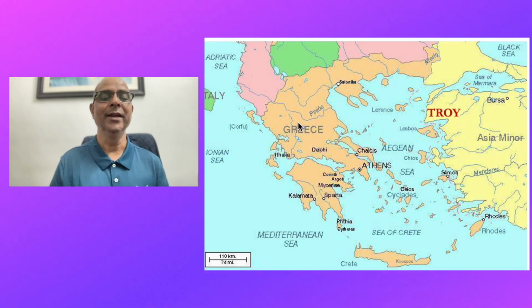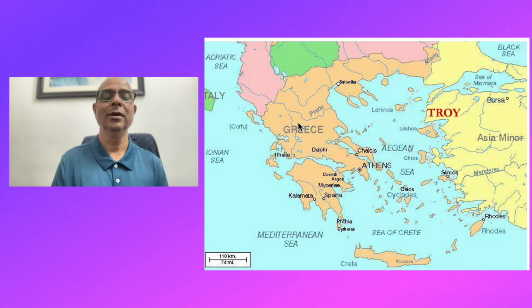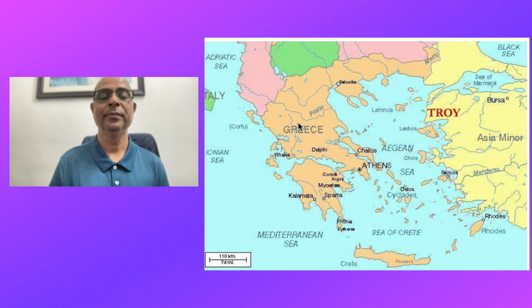So in Greek city states we find Sparta, Mycenae, because Agamemnon, I mentioned Agamemnon, was the king of Mycenae and the brother of Menelaus.